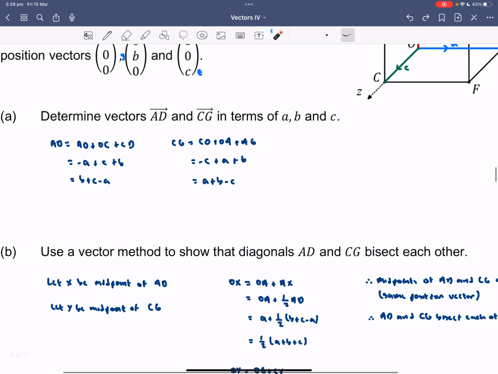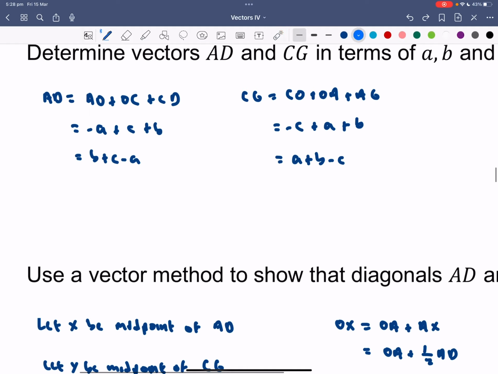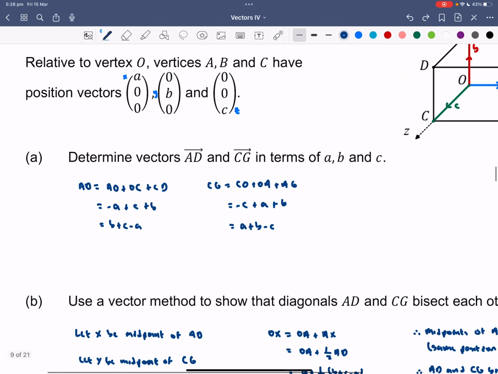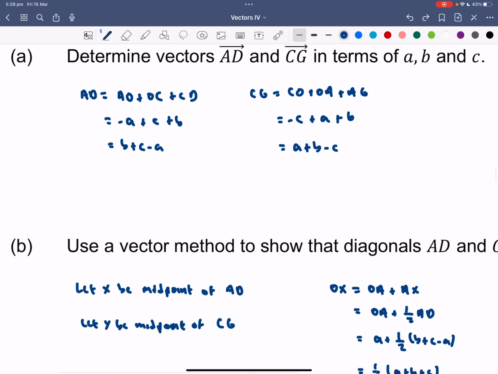Now, I did tell you that there weren't i's and j's, didn't I? But actually, they are somewhat i's and j's, are they not? Technically, A is a measure of i's, B is a measure of j's, and C is a measure of k's, which means that theoretically I could write it like this.